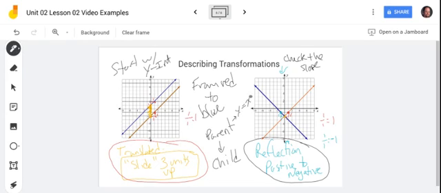That is the grandparent of all lines. But any line that you're starting with, you can call a parent, and it turns into a child graph by transforming. In the future, we'll talk about rotation more as we change slope. We won't deal with dilation here, but dilation affects other shapes a lot more than it does lines.